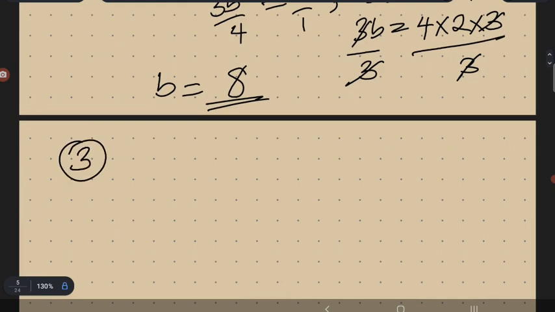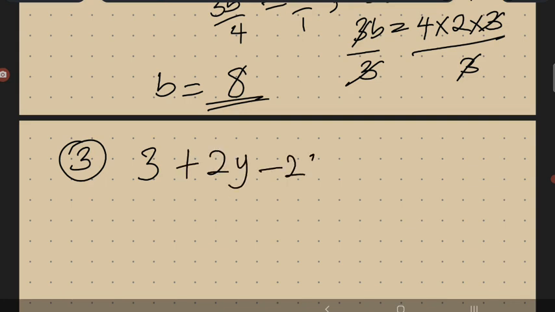Let's have an example: 3 plus 2y minus 24 is equal to 14 minus 3y. So what exactly we need from this angle is collecting the like terms.